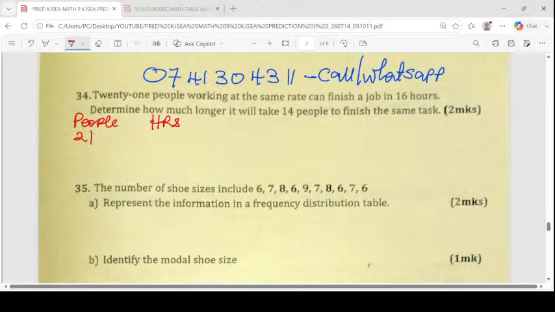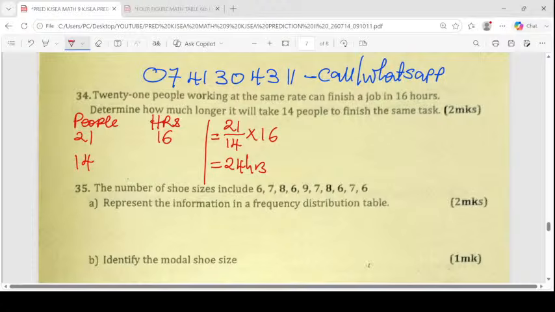So this will be 21 over 14 multiplied by 16. This will mean that 14 people are going to take exactly 24 hours to finish the job.